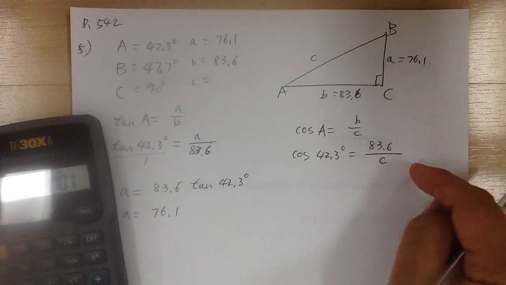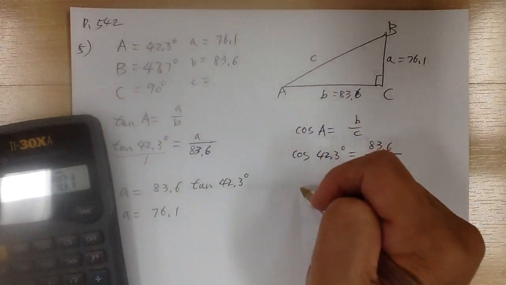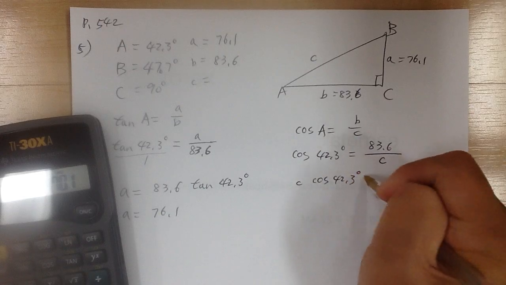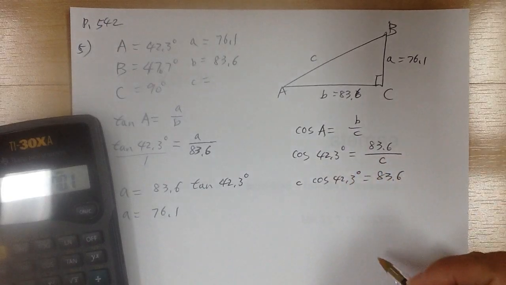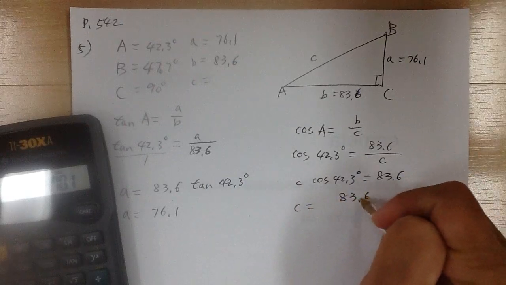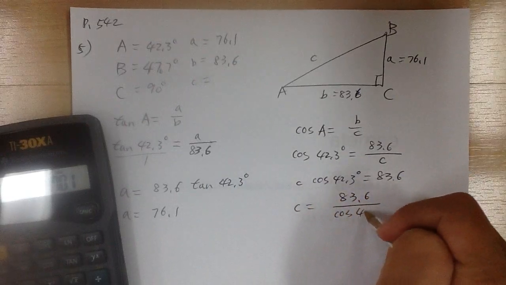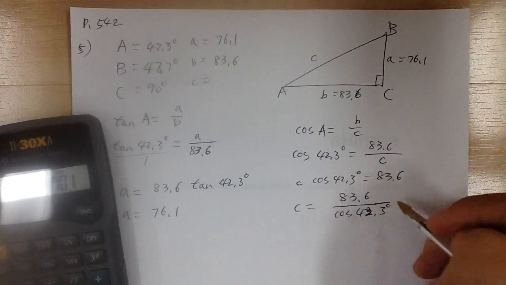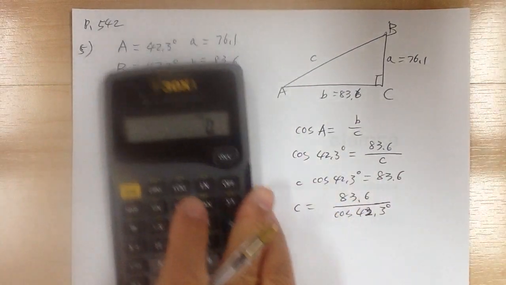Then go and cross multiply. So c cosine of 42.3 degrees equals 83.6. Divide, so you got c equals 83.6 over cosine of 42.3 degrees.